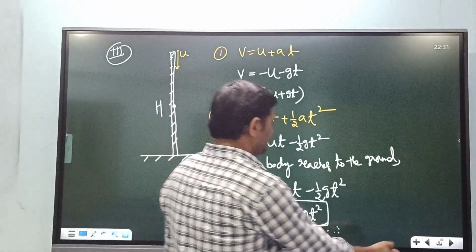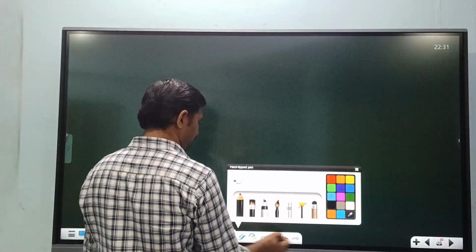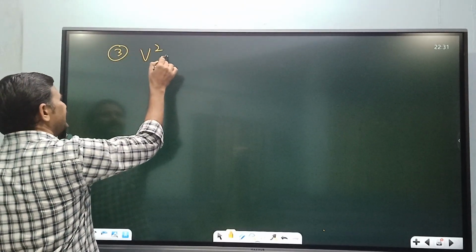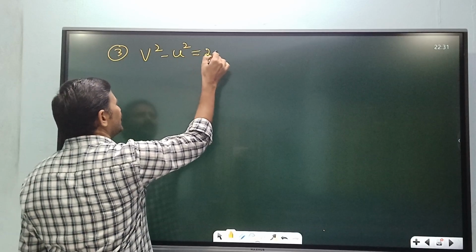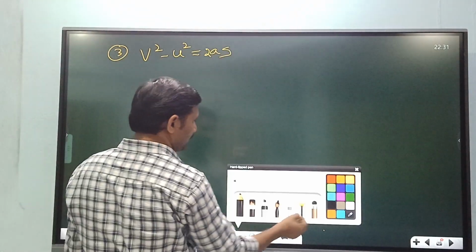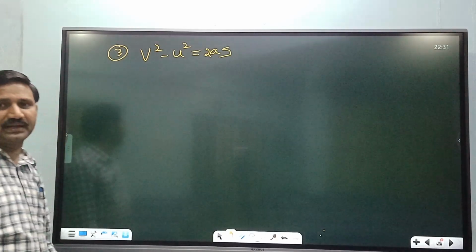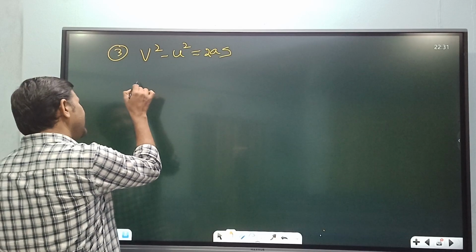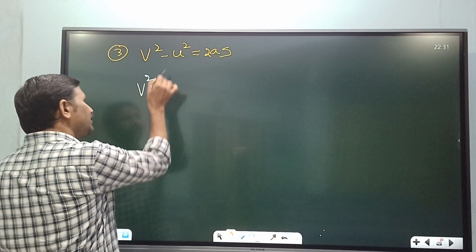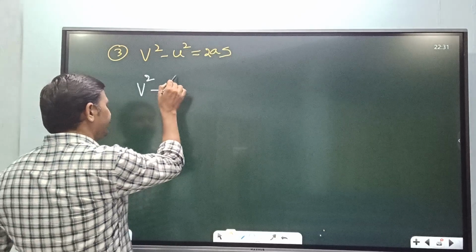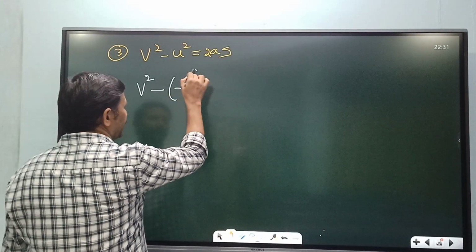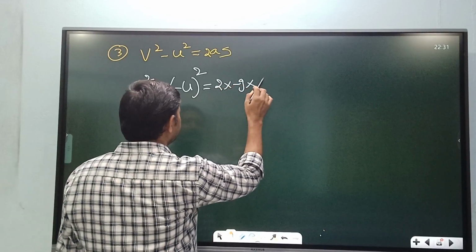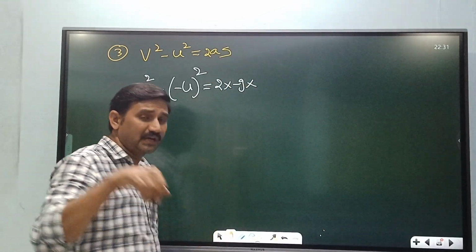Next, how will the third equation change? The third equation is v square minus u square is equal to 2as. This equation is given many times in entrance exams. Based on this equation, they give a problem. Here v is v only, and u is minus u. So v square minus u whole square is equal to 2 into a, which is minus g, into s. Suppose the body reaches the ground.